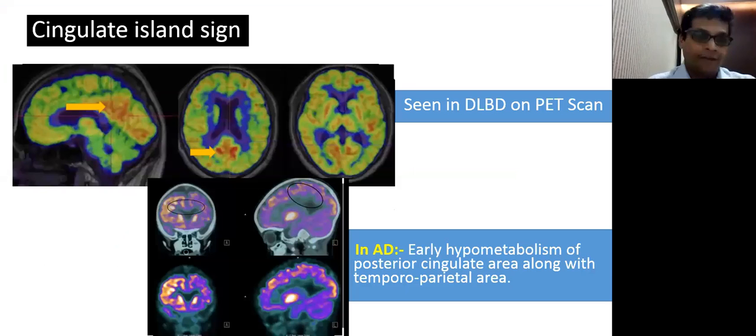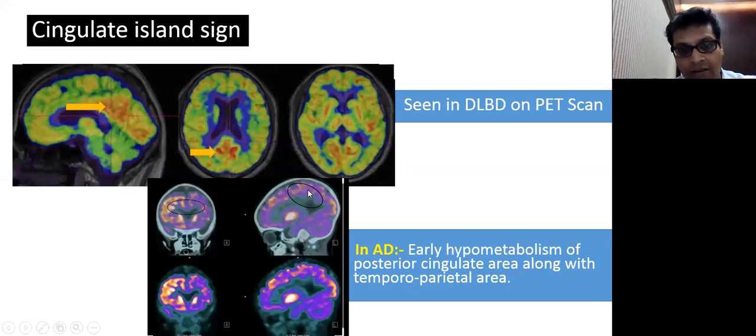I wanted to tell one more sign which is described on PET scan in DLBD patients, the cingulate island sign. In a DLBD patient, you have marked hypometabolism in the occipital lobe, going into the parietal lobe along with basal ganglia hypometabolism, but the posterior cingulate gyrus is very well preserved. So this is the posterior cingulate island sign.